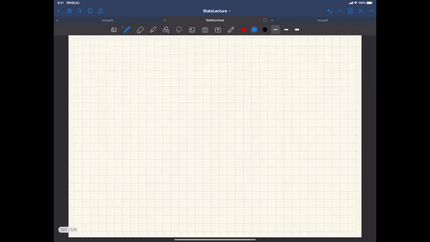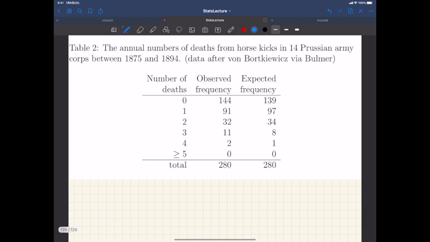And here's another rather interesting example. This table shows the annual numbers of deaths from horse kicks in 14 Prussian Army Corps between 1875 and 1894.